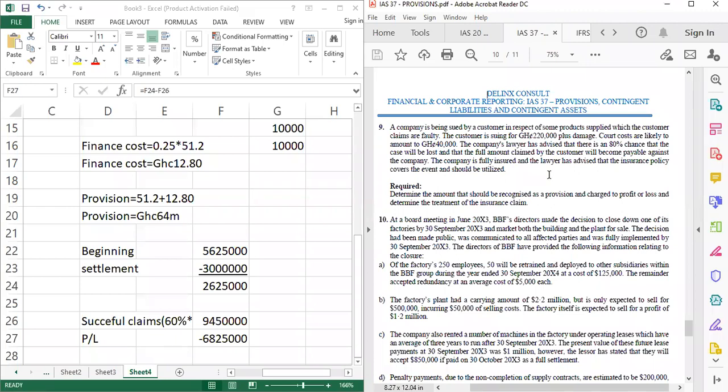The company lawyer has advised that there is an 80% chance that the case will be lost and that the full amount claimed by the customer will become payable against the company. The company is fully insured and the lawyer has advised that the insurance policy covers the event and should be utilized.